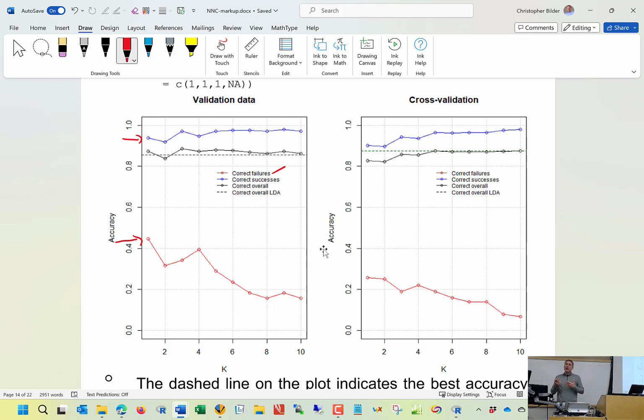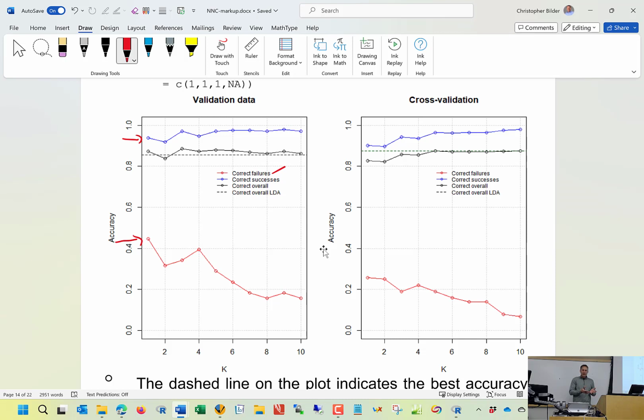Now, if we also try to factor in, let's say we want to try to get at those failures as well. Then it comes to a point where some of these larger values of k that for the overall rate seem to be good, probably are not justifiable.